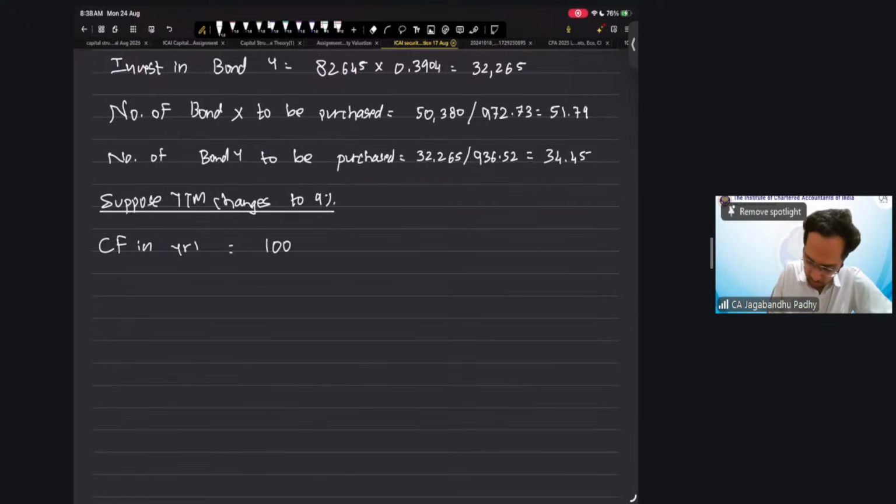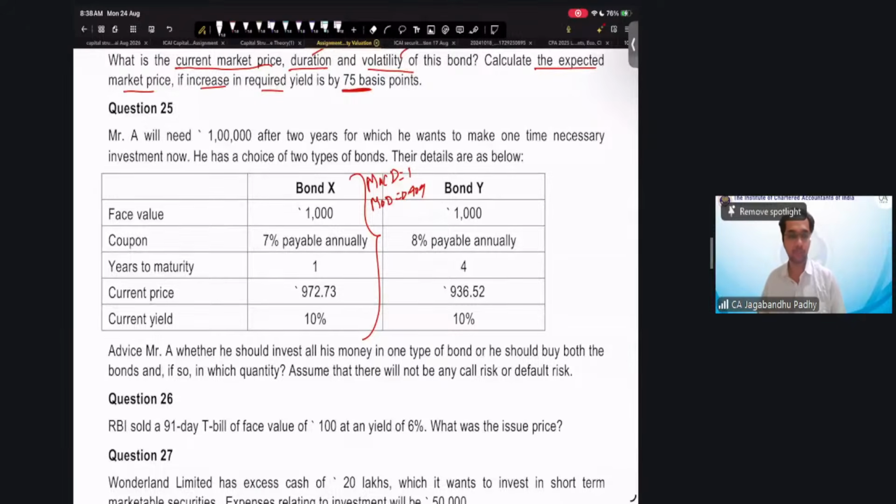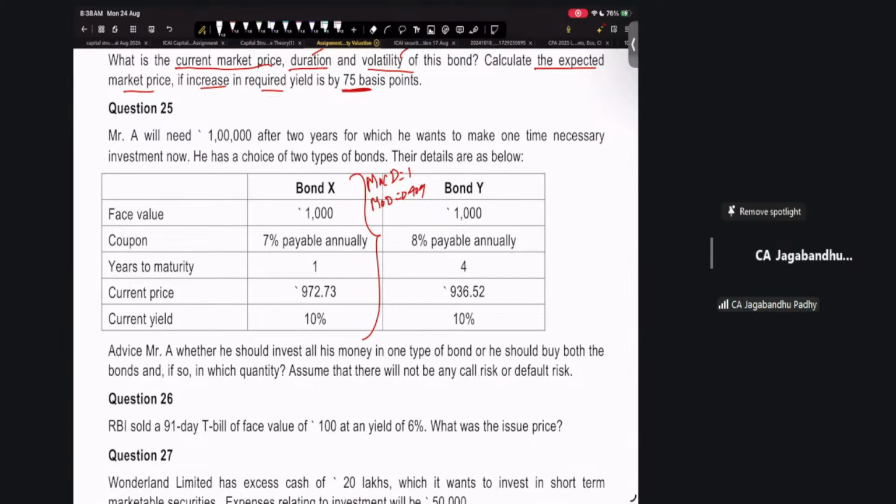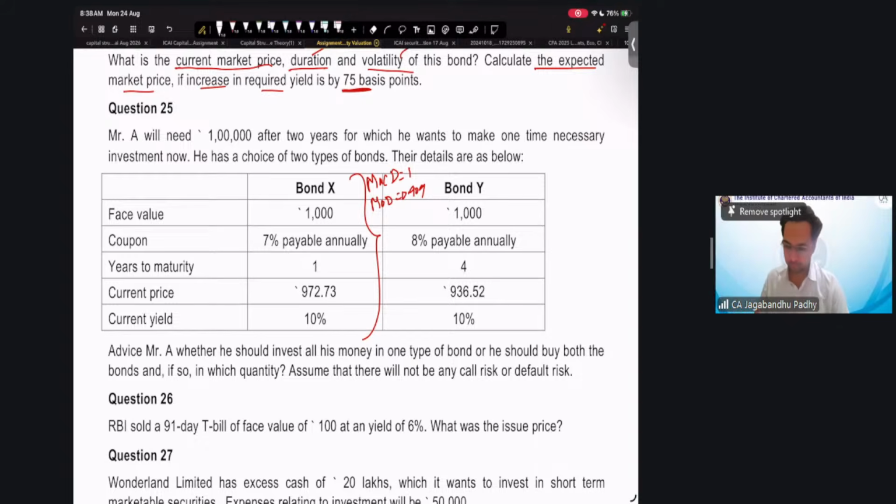It will be the 1000 redemption plus the last coupon of 70.